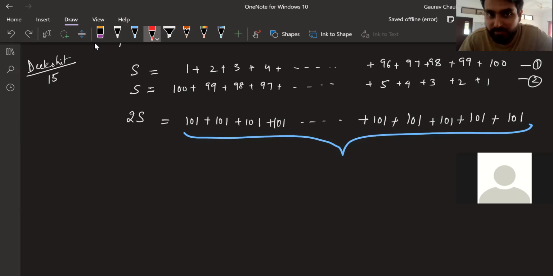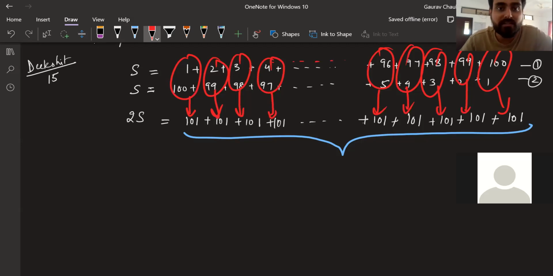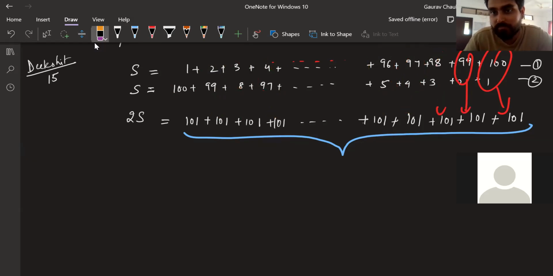Basically, this is giving me 101, this is giving me 101, this is giving me 101. Like that 4, 5, 6, 7, continue till 96, 98, 99, and everywhere I'm getting 101. You're getting this, MG? Why it is 100 terms and not 50 times you are getting 101? MG, are you following this? Can you please confirm in the chat box?